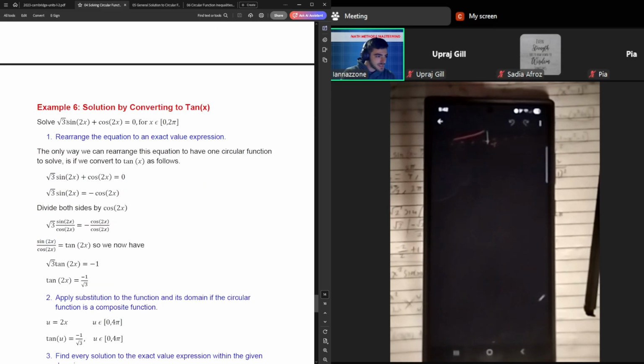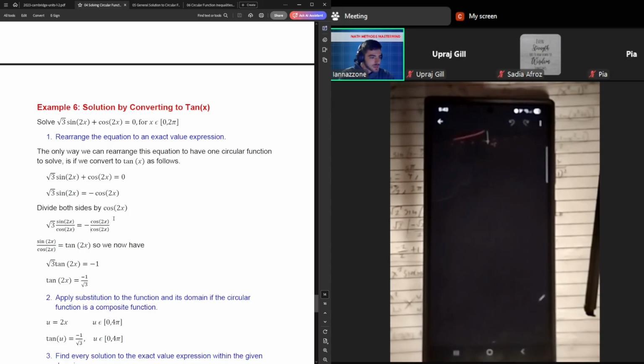Another pretty common thing is to convert to tan. You can do this typically when you have both sine and cos in your equation. Fundamentally, all you're doing at some point in your simplification is to divide both sides by the cosine term, whatever that is. In this case, it's cos 2x, so you would divide both sides by cos 2x. You can do that immediately if you want, or you can chuck things the other side initially.